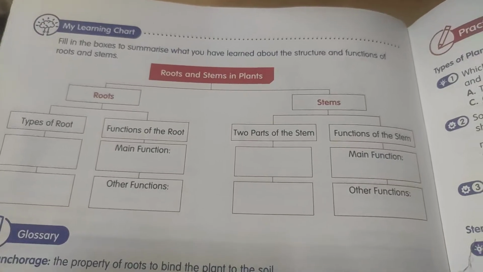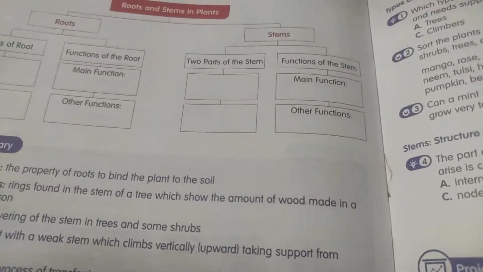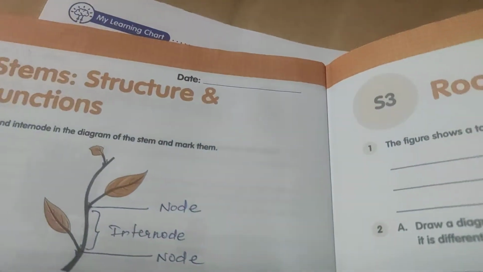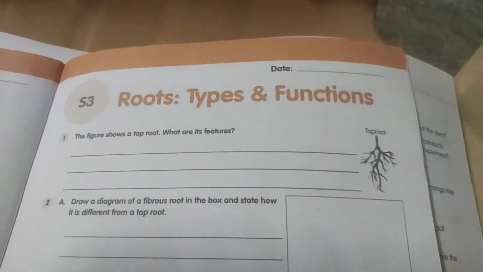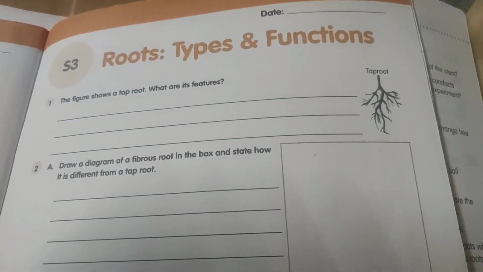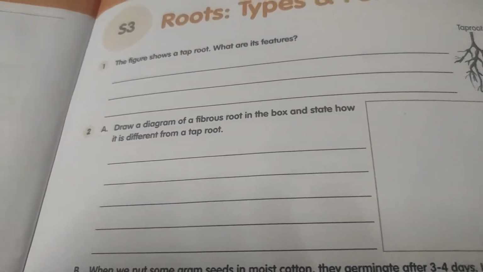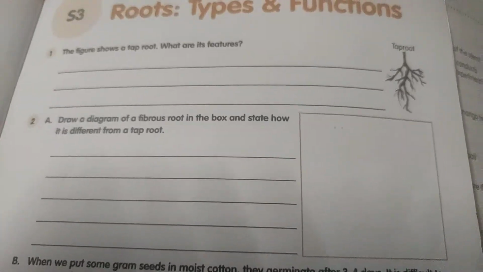Now it is time to go for the workbook. This is your homework. Already we have completed S2. Now we will come to S3, and from this time onwards you are going to write your own answers. You will listen to the video and find out the answer. If not, you read the book again, you will get the answer.